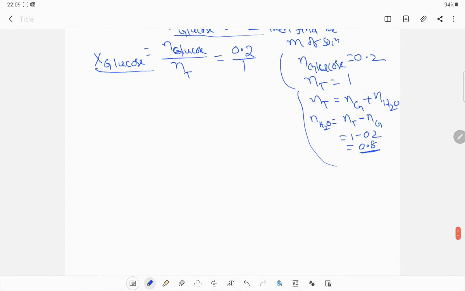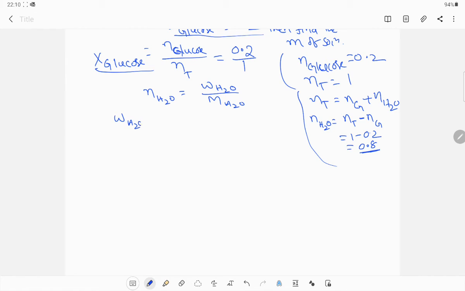Now come here. Weight of water is equal to number of moles into molecular mass of water. See, already you know that number of moles of water is equal to weight of water divided by molecular weight of water.